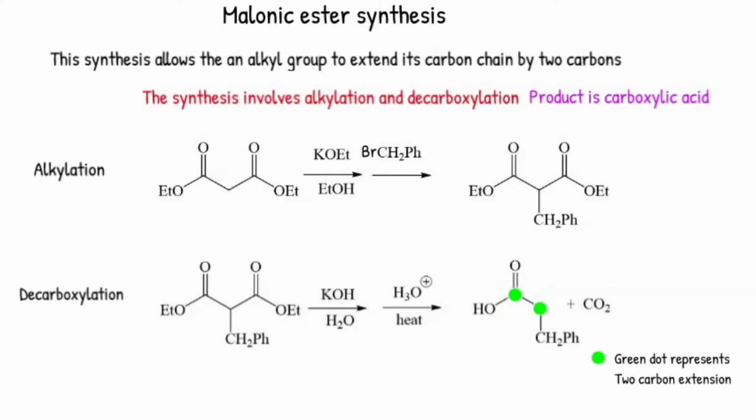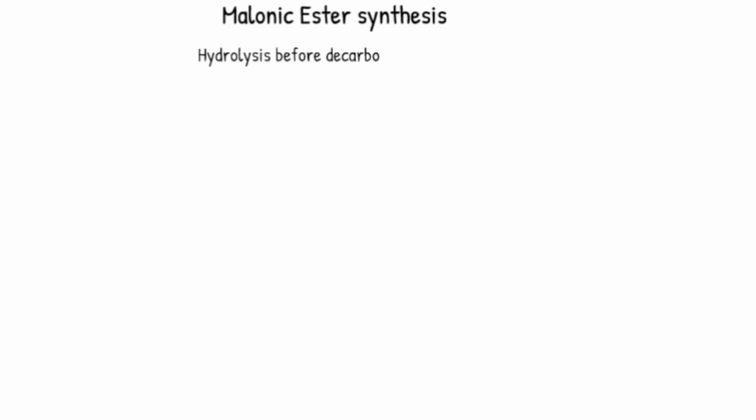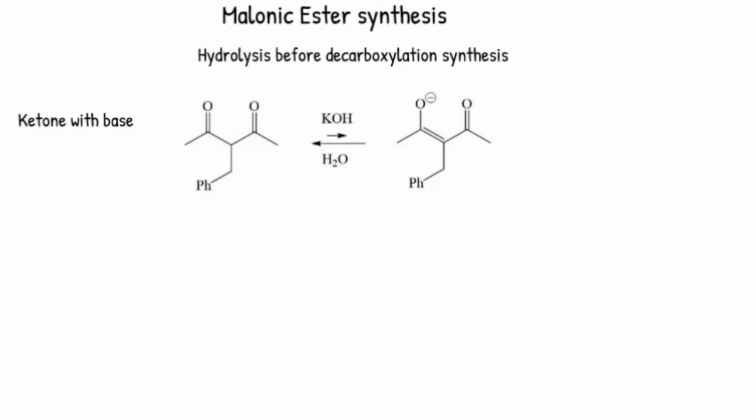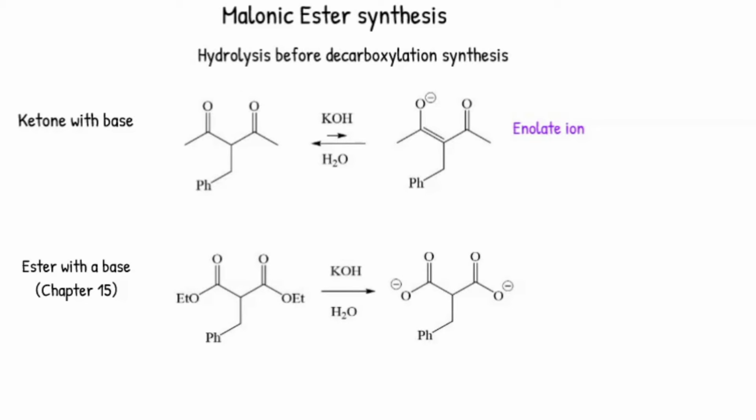Let's take a look at the base-catalyzed hydrolysis before decarboxylation. A ketone with hydroxide or ethoxide base will lead to an enolate ion. The reaction is in equilibrium, which favors the ketone reactant. The ester reaction with a base was previously discussed in Chapter 15.